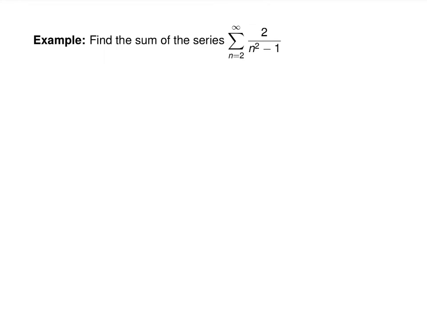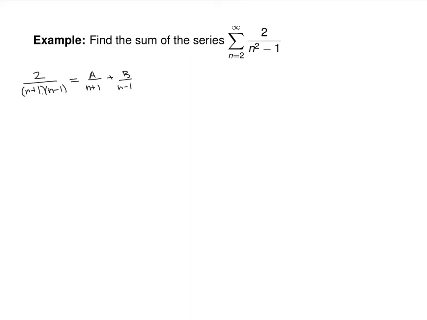So find the sum of this series. We're going to use our partial fraction decomposition to decompose 2 over n plus 1 times n minus 1. And that will equal, we'll say, a over n plus 1 plus b over n minus 1.